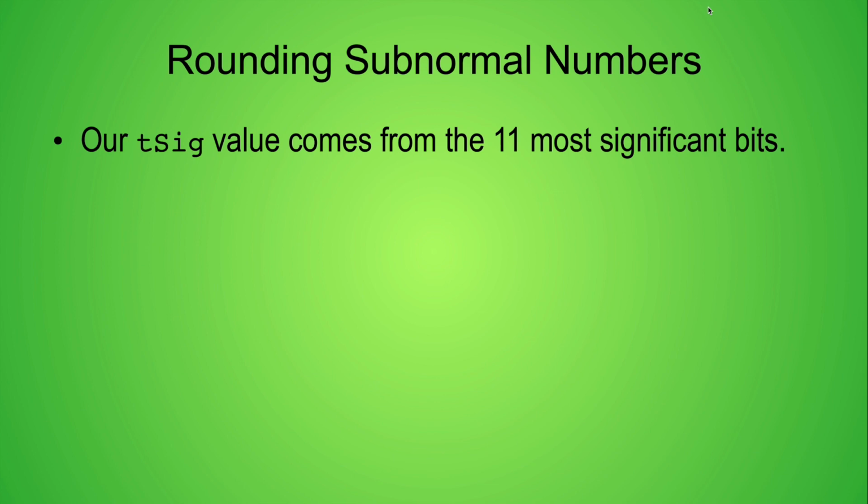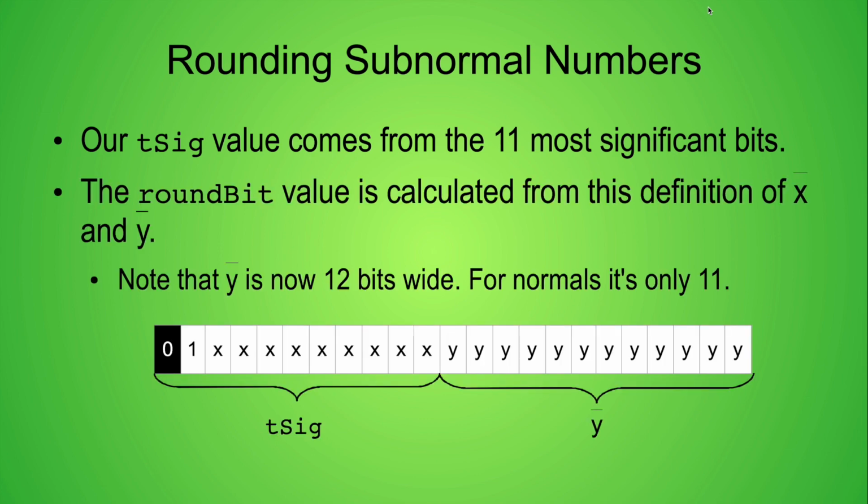Our new t-sig value comes from the 11 most significant bits of this diagram. While t-sig is still 11 bits wide, because we've added a leading zero, x bar has been reduced by 1 bit, and that bit is now part of y bar.